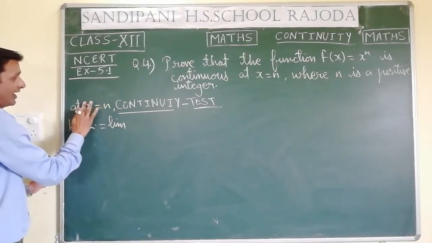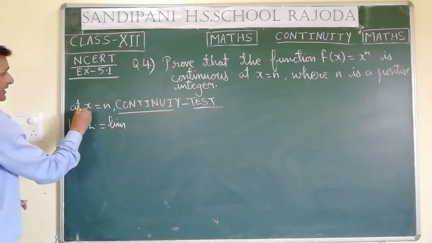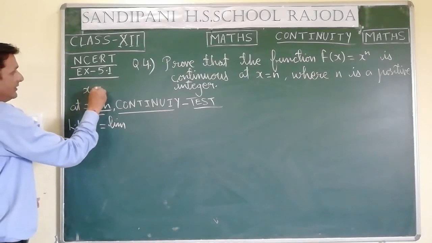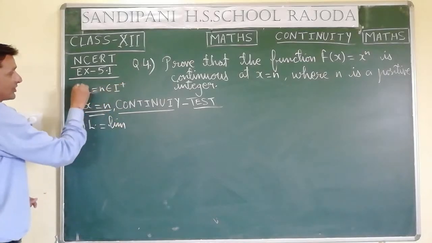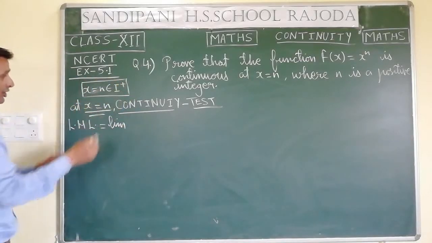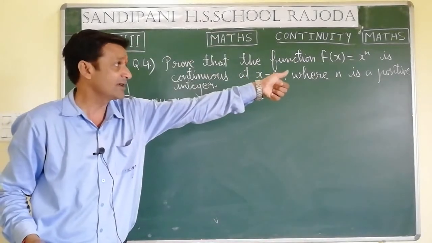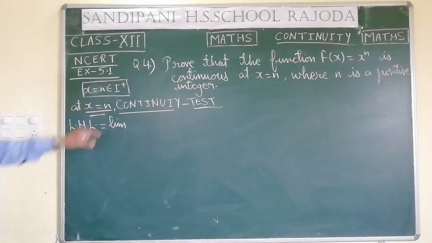You may write here x is equal to n, which is element of I plus, meaning it is a positive integer. It may be denoted like this because in the question it is given n is a positive integer. So n is element of I plus, we can say.